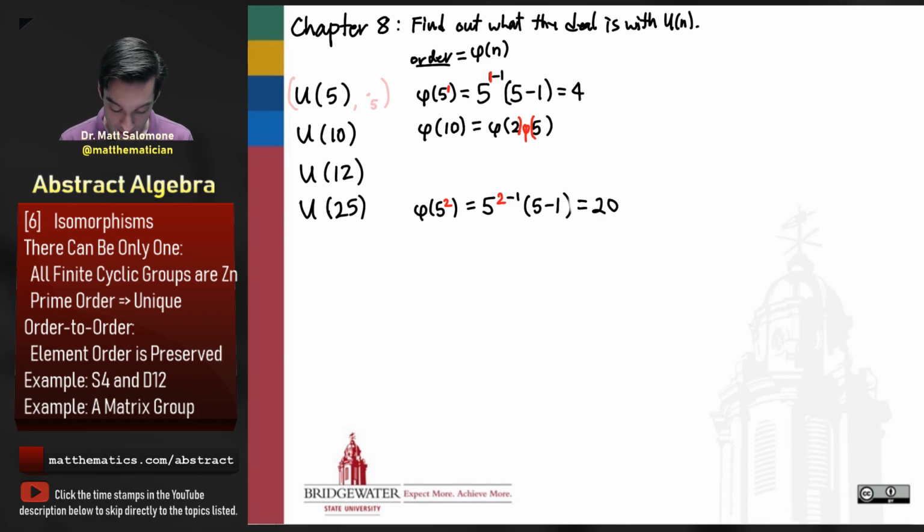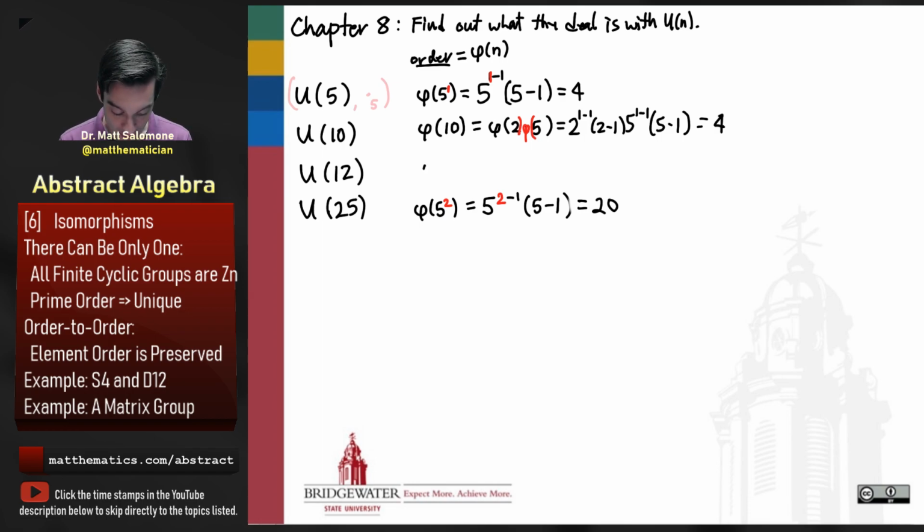Now we can use the prime power formulas for each of those two. Phi of 2 is 2 to the 1 minus 1 times 2 minus 1. Phi of 5 is 5 to the 1 minus 1 times 5 minus 1. Well, a lot of this stuff goes away. That's 1, that's 1, that's 1. 5 minus 1 is 4.